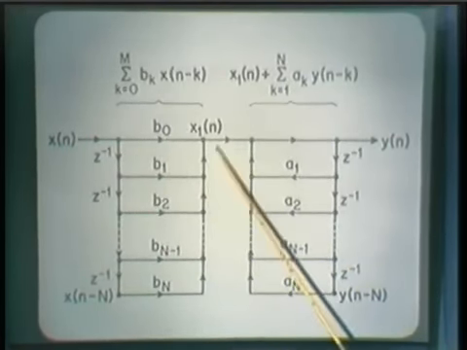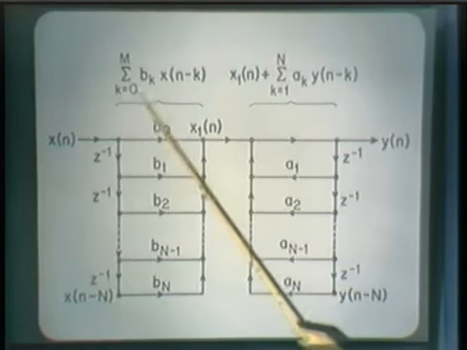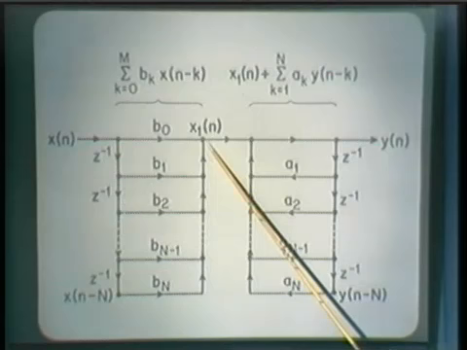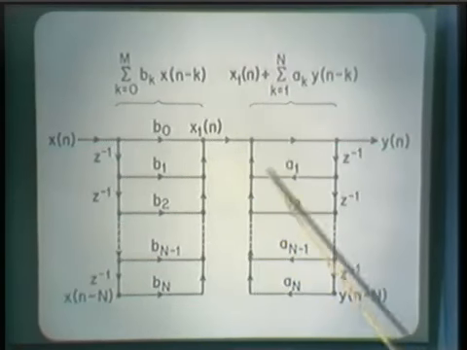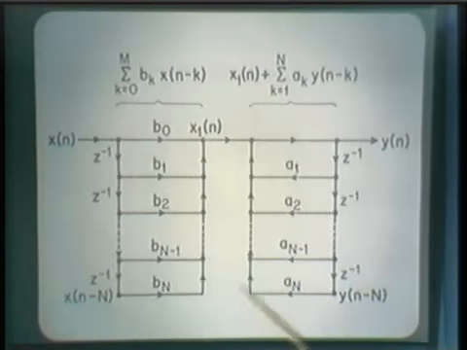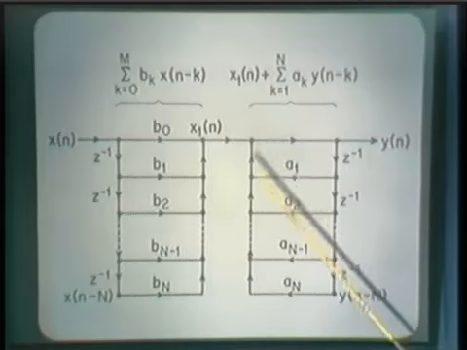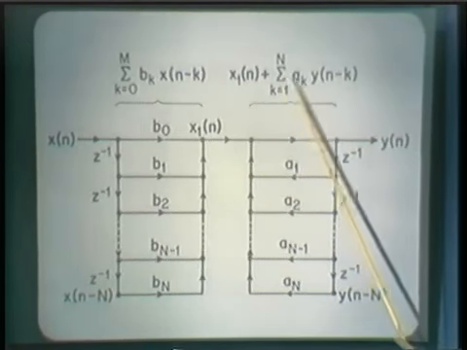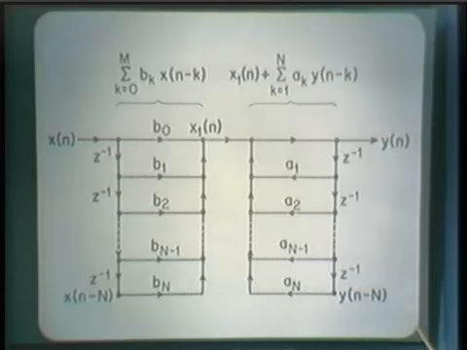This first block then implements this summation to form x1 of n, and then the second system, which this is cascaded with, has as an input x1 of n and added to it weighted delayed values of the output.